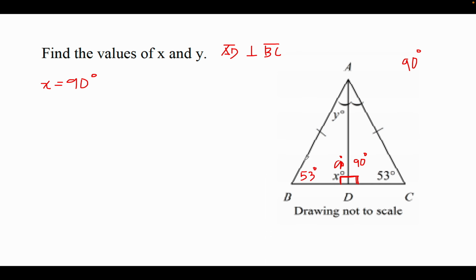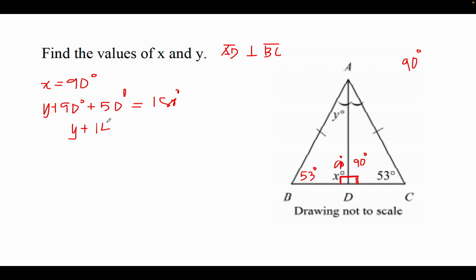Again, let's go back from the idea that when three interior angles of any triangle are added, it is equal to 180 degrees. So therefore, we have y plus 90 degrees plus 53 degrees is equal to 180 degrees. Combine 90 and 50.